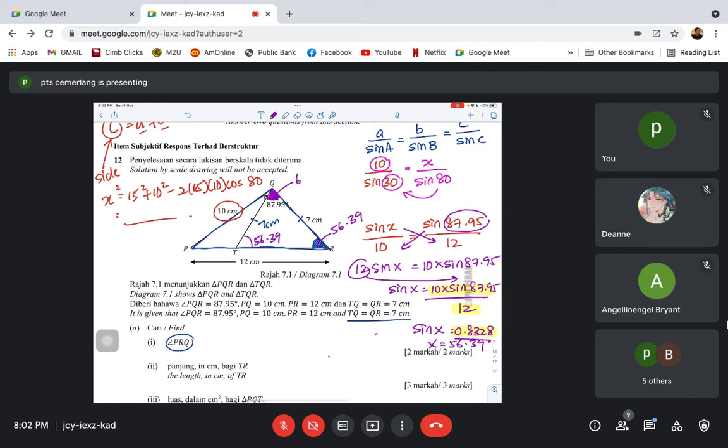Then you can use your sine rule, or you can use your cosine rule too, because there is so much information over there. You can use any rule and find the answer. Just try it out first and tell me what you get for the length of TR.